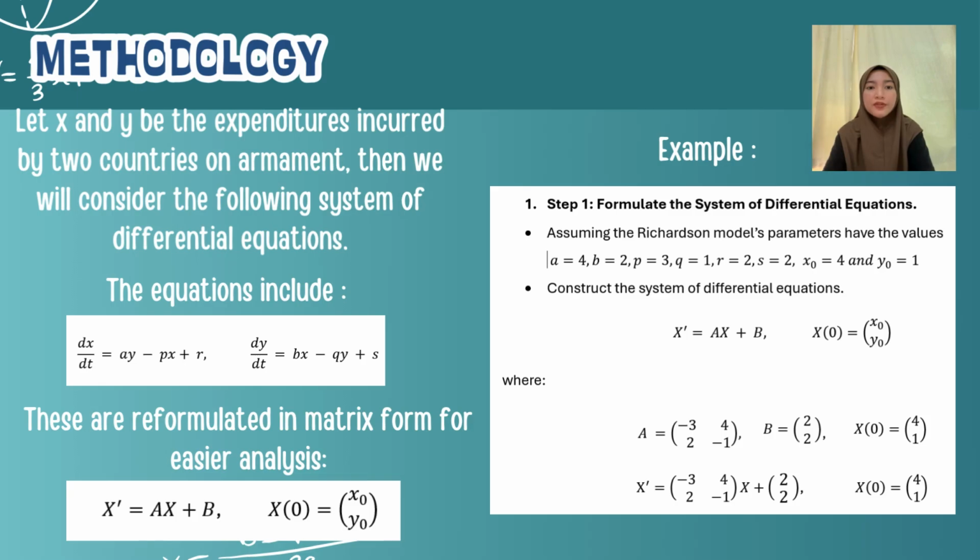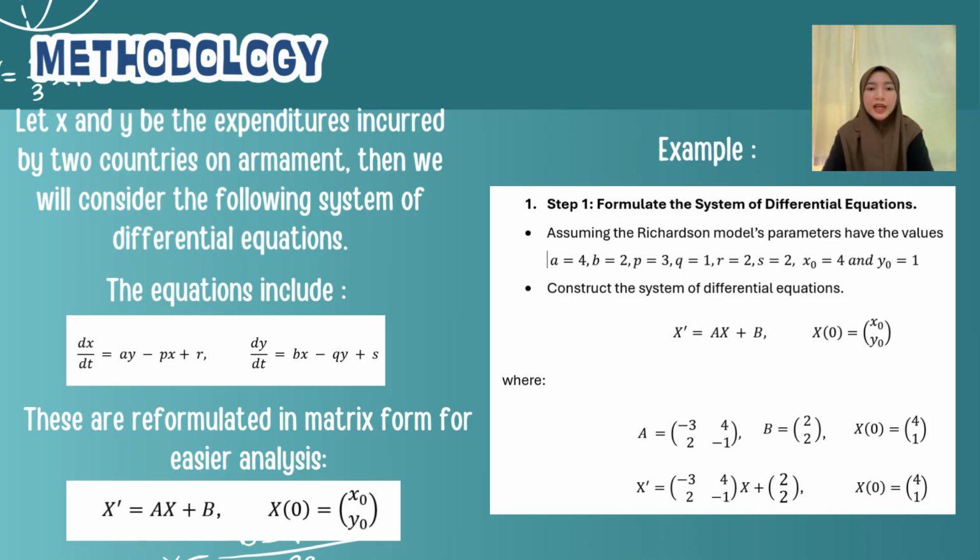The system of differential equations governing their interaction is given by dx/dt = ay - bx + r, and the other one, dy/dt = bx - qy + s. Here a, b, p and q represent interaction coefficients that capture the dynamics between the two countries. Meanwhile, r and s are external inputs or influences such as economic resources or external pressures.